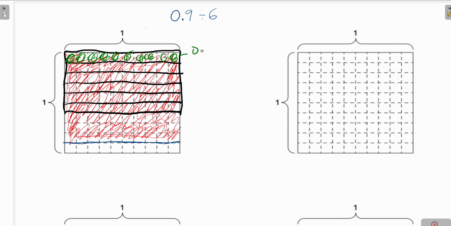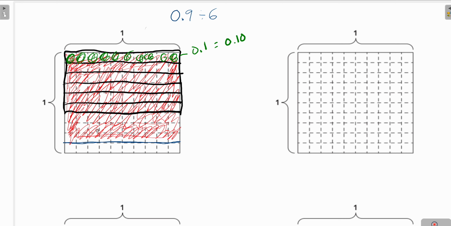That is 1/10. Or we can also say that that is 10 hundredths. Okay, because 1/10 is the same as 10 hundredths. So each of them have 10 hundredths.